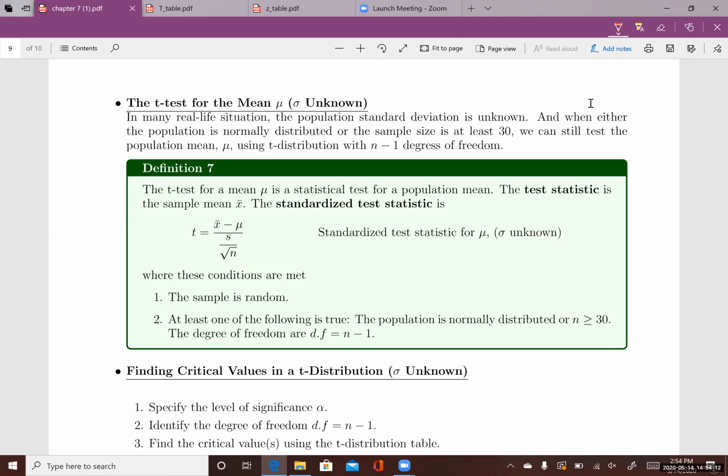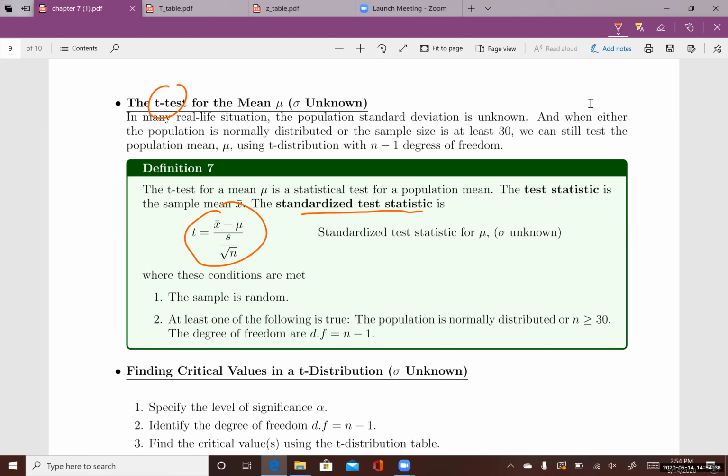How can you use the t-test, right? When you use the t-distribution, this is when you use the t-test to test the population mean. So the t-test is a statistical test for the population mean, and the test statistic is the same as the sample mean, and the standardized test statistic, t, is calculated using this formula.